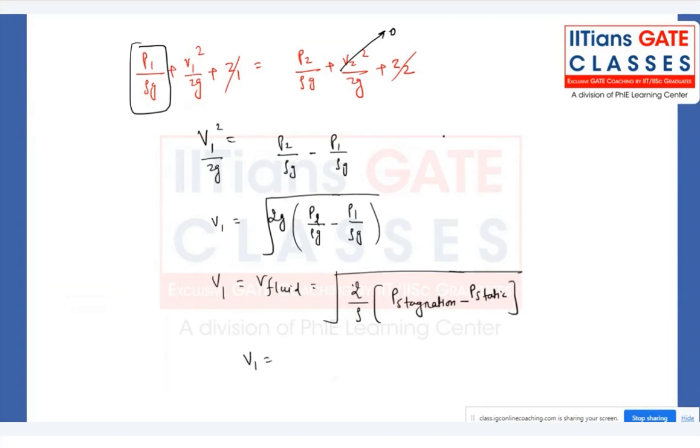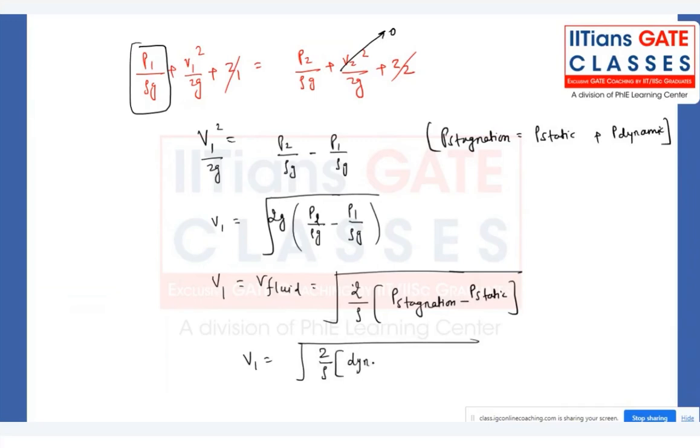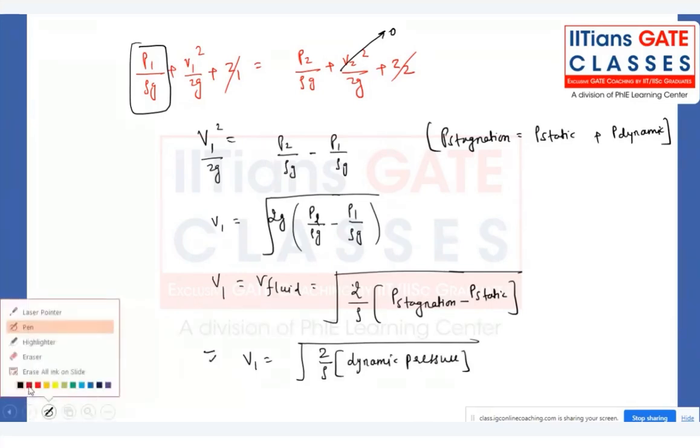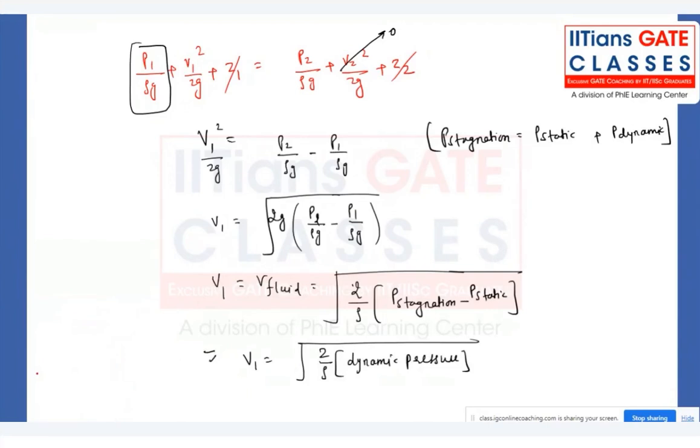We can also write, we know that stagnation pressure is equal to static pressure plus dynamic pressure. So we can write V1 equals under root of 2 by rho times the dynamic pressure, right? So that is also one way of calculating V1, the velocity of the fluid. Make a note of it.